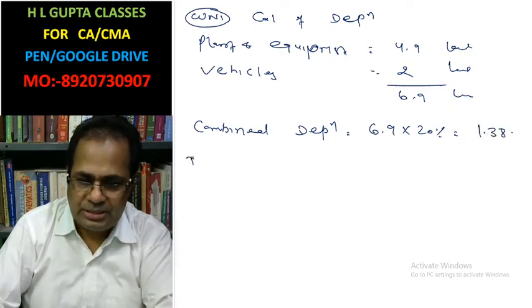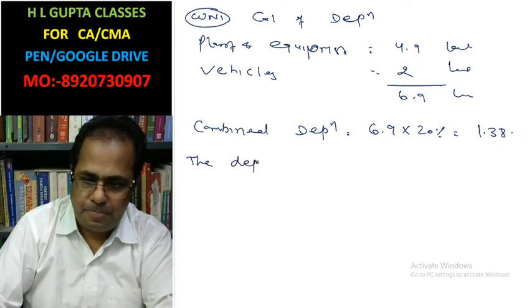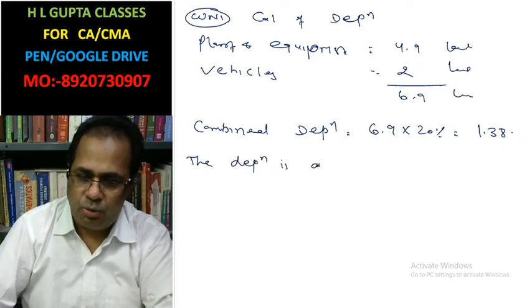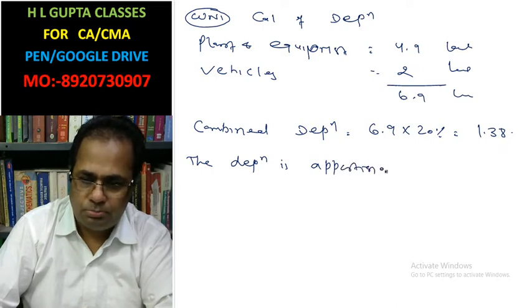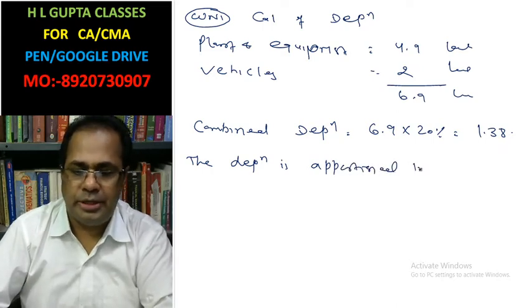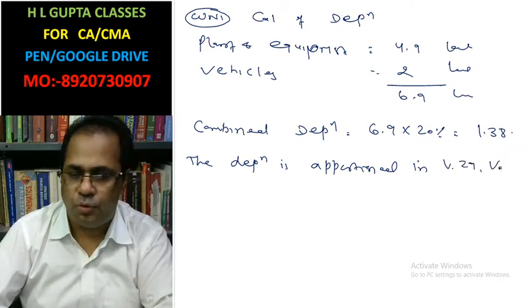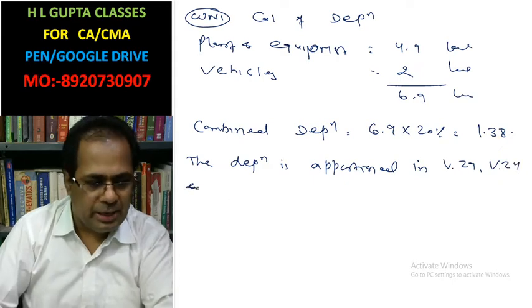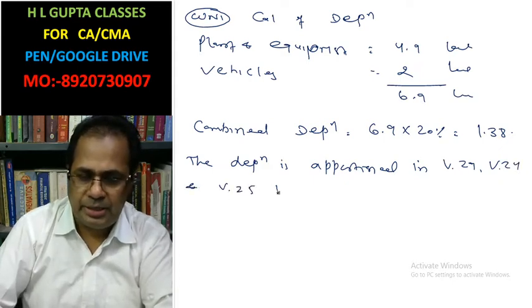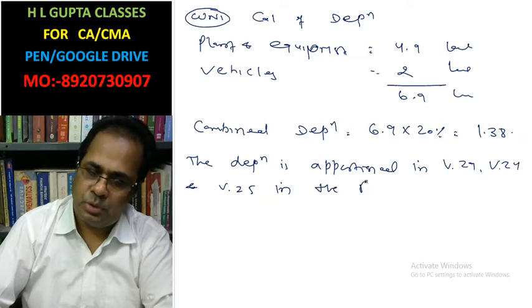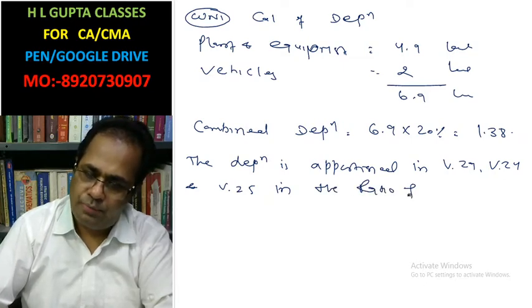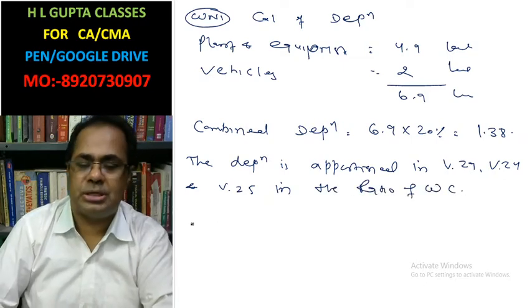The depreciation is apportioned among B29, B24 and B25 in the ratio of work satisfied.